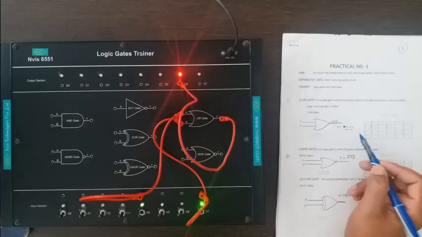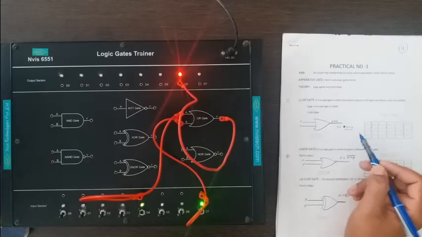Now you can see here in case of XOR gate, when both the inputs are low, your output is low. When either of the inputs is high, your output is high.